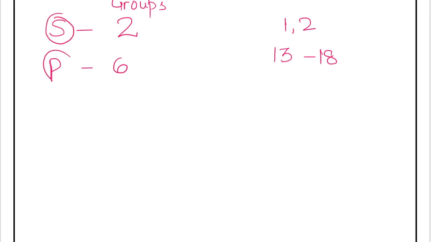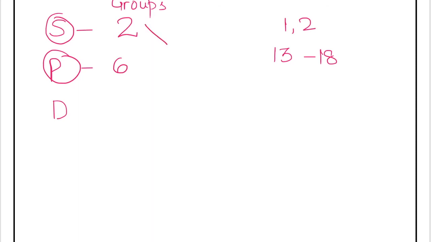If I may write that the S block has two groups, let's write it like this, group number 1 and 2. The P block has 6 groups, that is from group number 13 to group number 18. Our S block, our P block, then comes the D block.